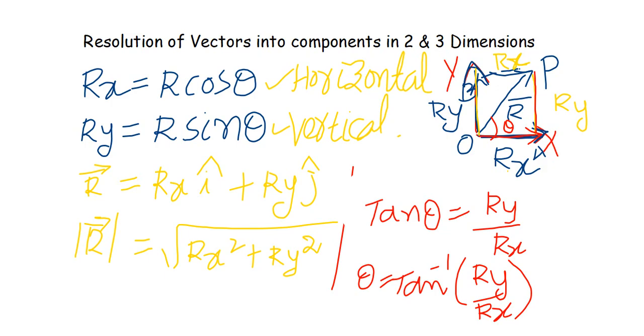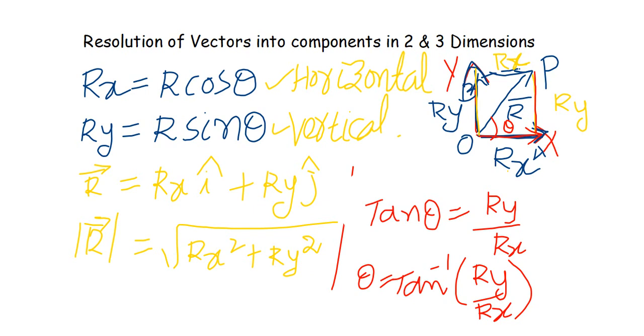We represent this in 3 dimensions. We add rz k cap. So magnitude of this vector r bar is root over rx square plus ry square. How much angle does this vector make with the x component?